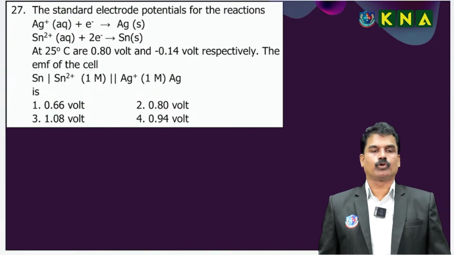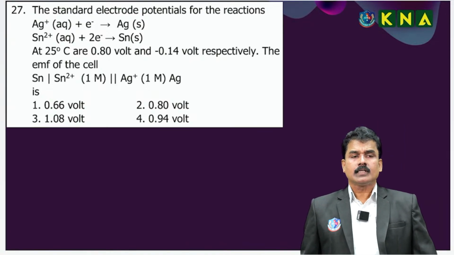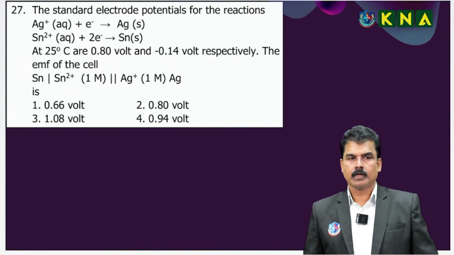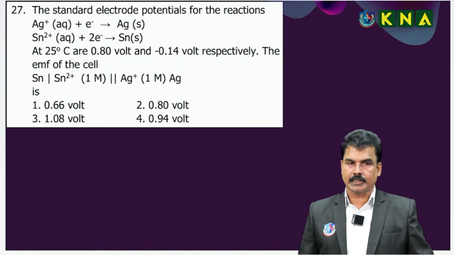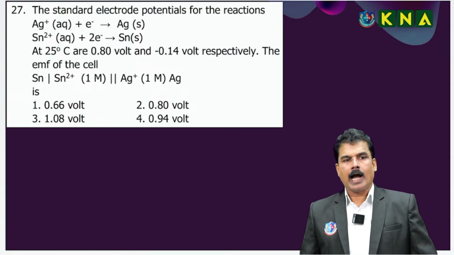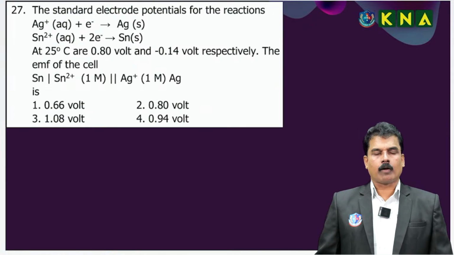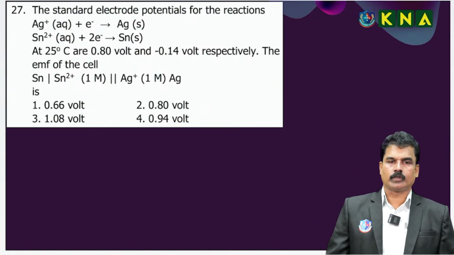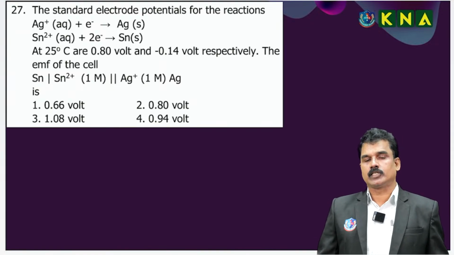Okay. Now we can move to the next question. The standard electrode potential for the reactions, 2 reactions are given. Ag+ plus 1 electron gives Ag, reduction, Sn2+ plus 2 electrons gives Sn, at 25 degrees Celsius are 0.8 volt and -0.14 volt respectively. The EMF of the cell.